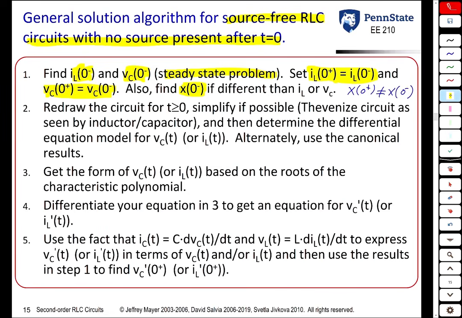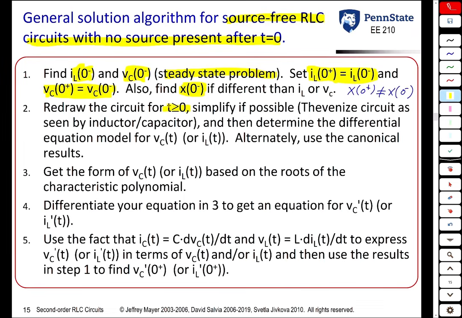The next step is you redraw the circuit after the change, and then if necessary you simplify it so that you get either a capacitor, inductor, and a series resistor, or capacitor, inductor, and parallel resistor.